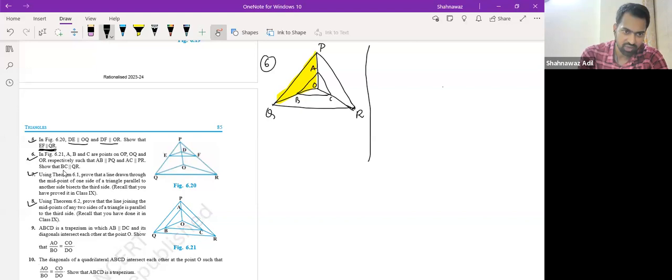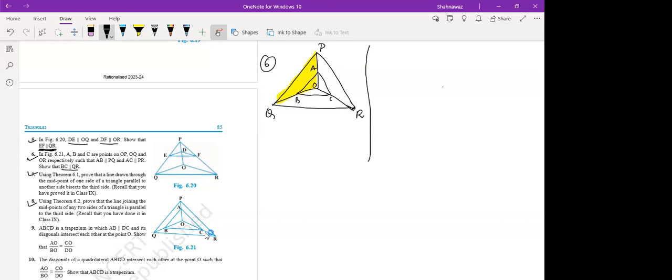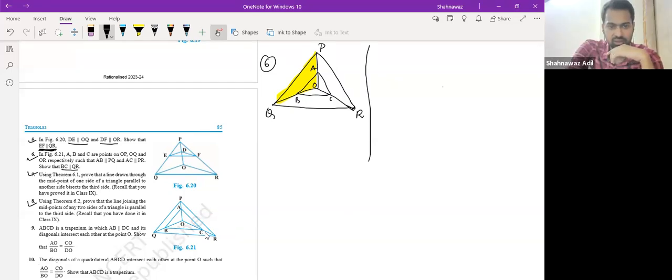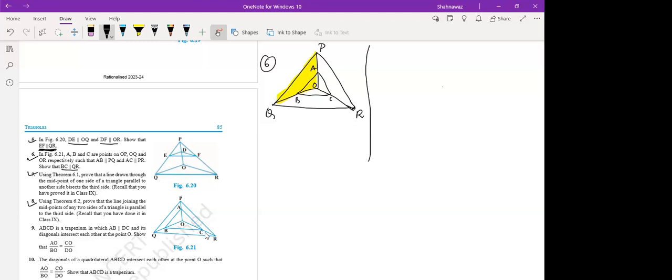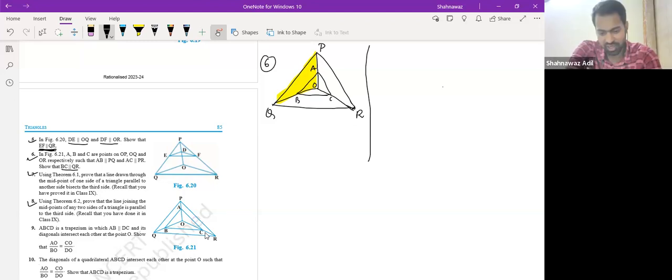The end goal is that we have to prove BC parallel to QR. So what would the idea be? We have to find the triangle. Let's say the triangle is OQR.